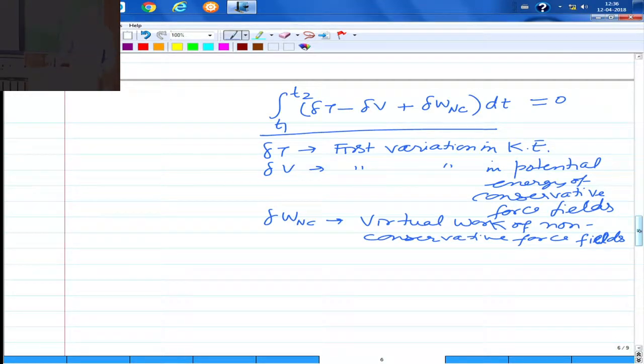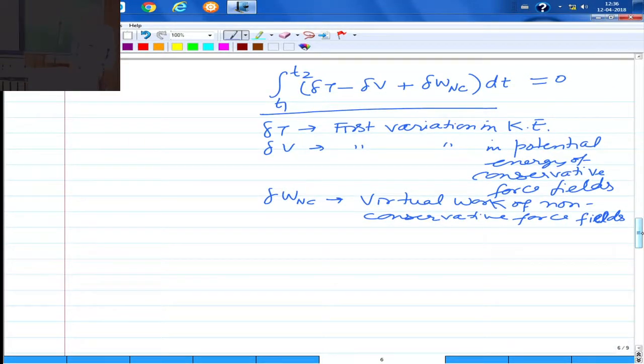Now if I want to look at the problem we are considering, we have the expression for T already, which for any general case we can always write in terms of the vector of elemental velocity and the mass matrix: half dE dot transpose into ME into dE dot. Of course we are assuming that there are no inertia nonlinearities.